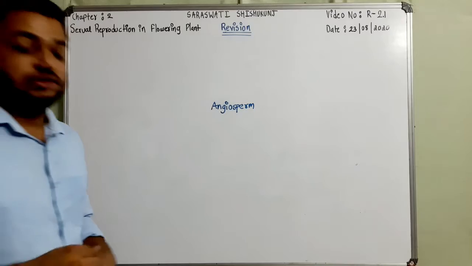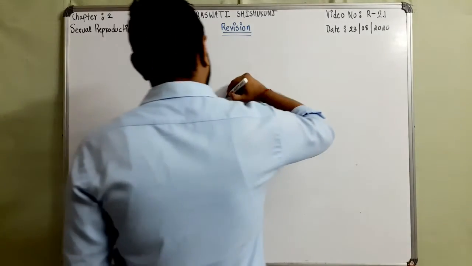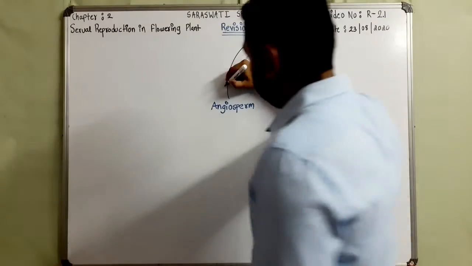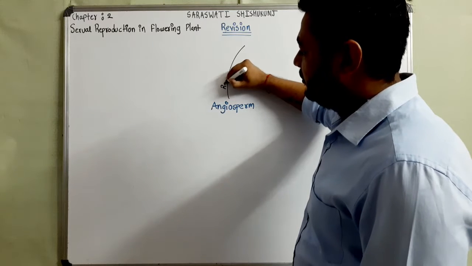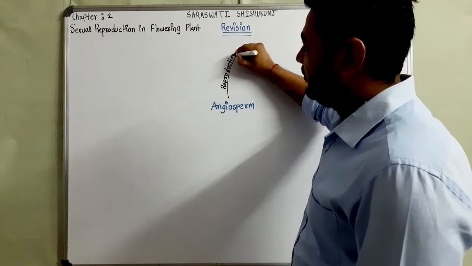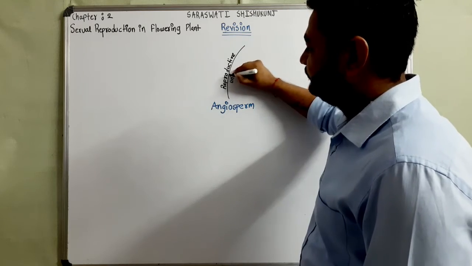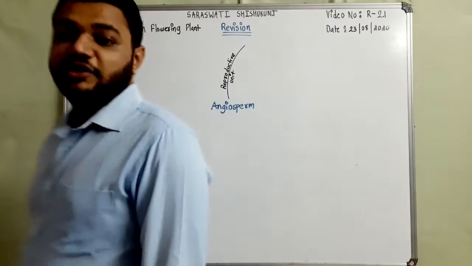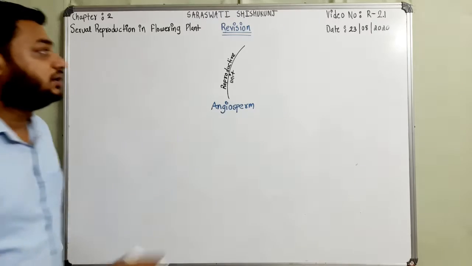Now you know that the flower is the reproductive unit of the plant. It is actually a modified shoot, which is meant for reproduction.